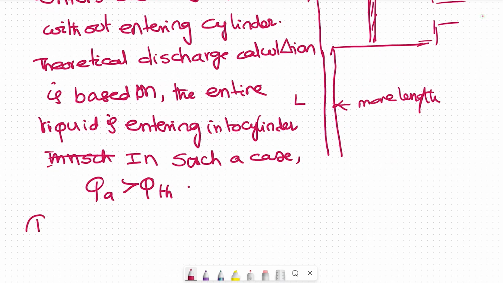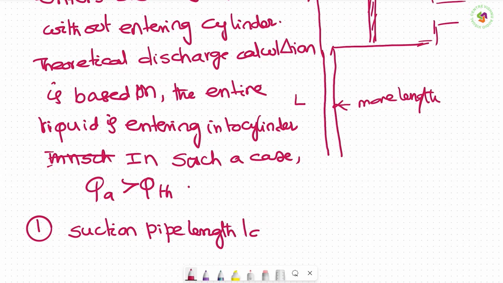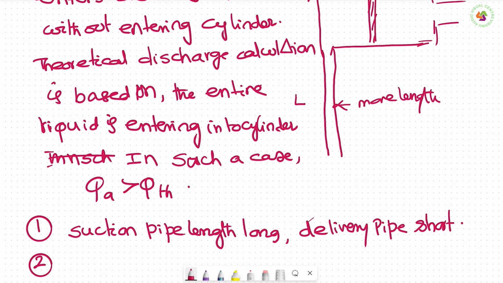So what are the conditions? Number one, the suction pipe length is long and the delivery pipe is short. Number two, the pump is running at high speed.